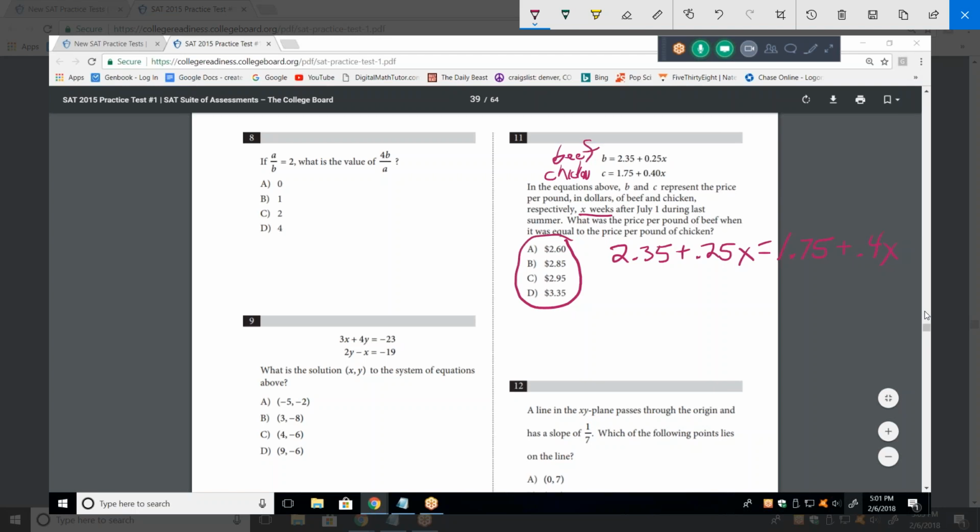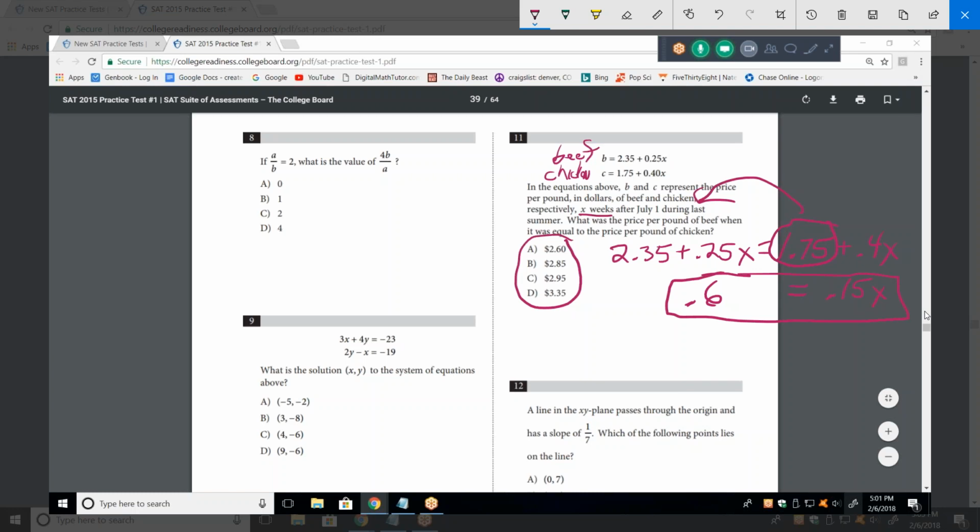Notice that if I move this 0.25x to the right, it turns into 0.15x, which is positive, and I want that. I'm going to end up with 0.15x over there, which means I have to move that number to the left by subtracting it from both sides, and that leaves me with 0.6. Now, notice no negative numbers, no negative coefficients.